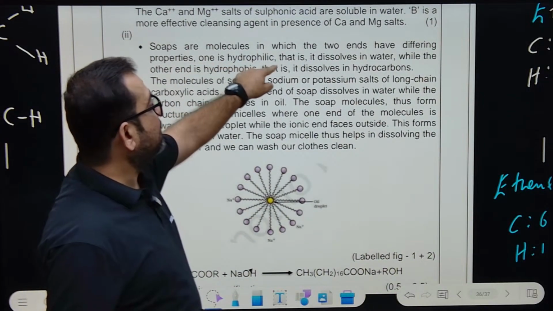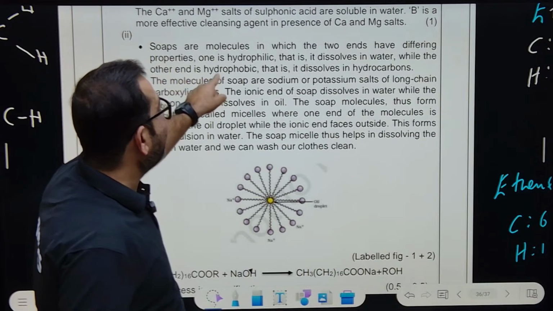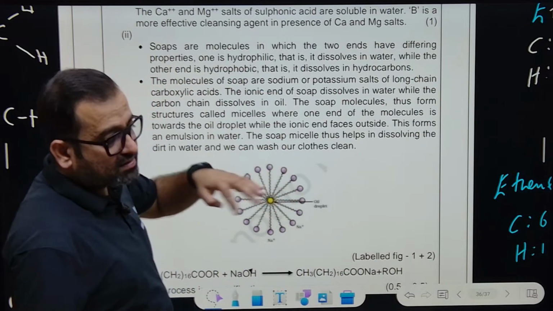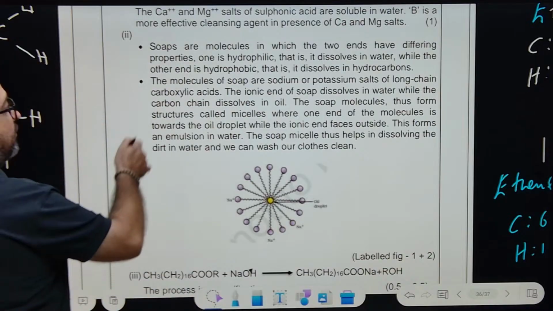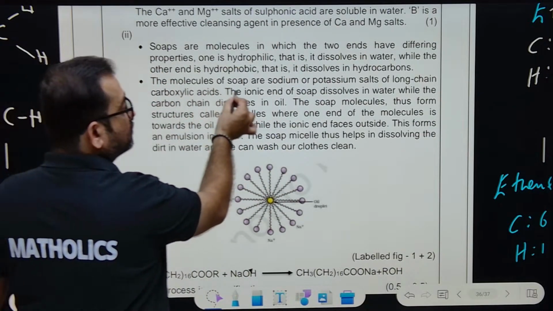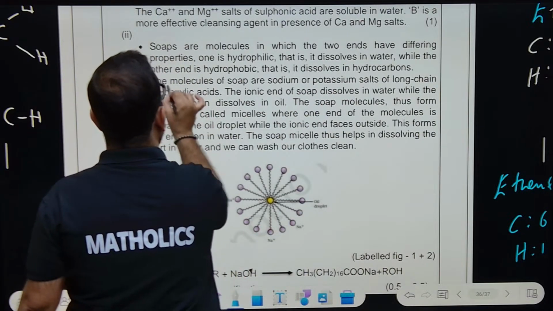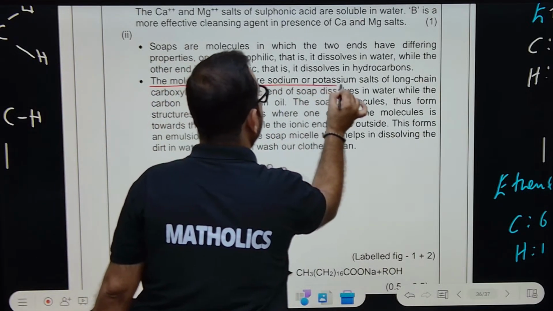One end is hydrophilic, that is, it dissolves in water, while the other is hydrophobic. Hydrophilic is which can dissolve in water. Hydrophobic is dissolved in hydrocarbons. The molecules of soap are sodium or potassium salts.